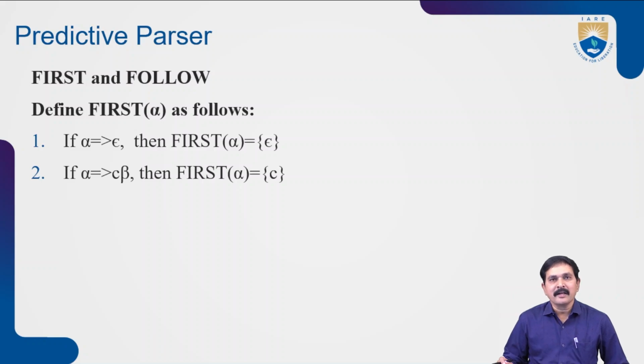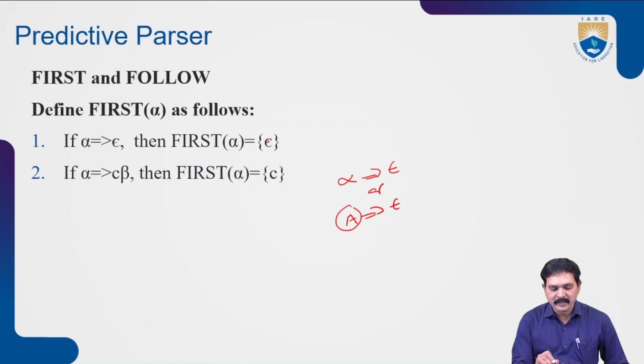In the case of the first algorithm, we should identify some kind of production. Suppose the production is in the form alpha implies epsilon, or we can say some non-terminal derives epsilon. Then what is first of epsilon? That is called the null value.